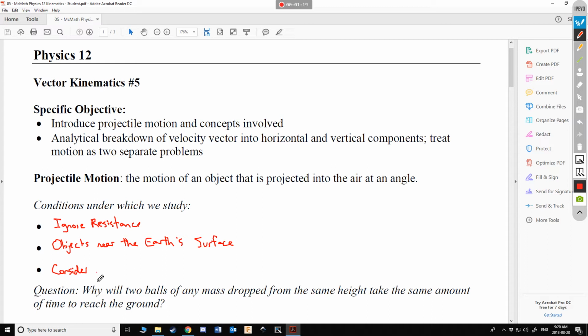motion of the object after it has been projected.